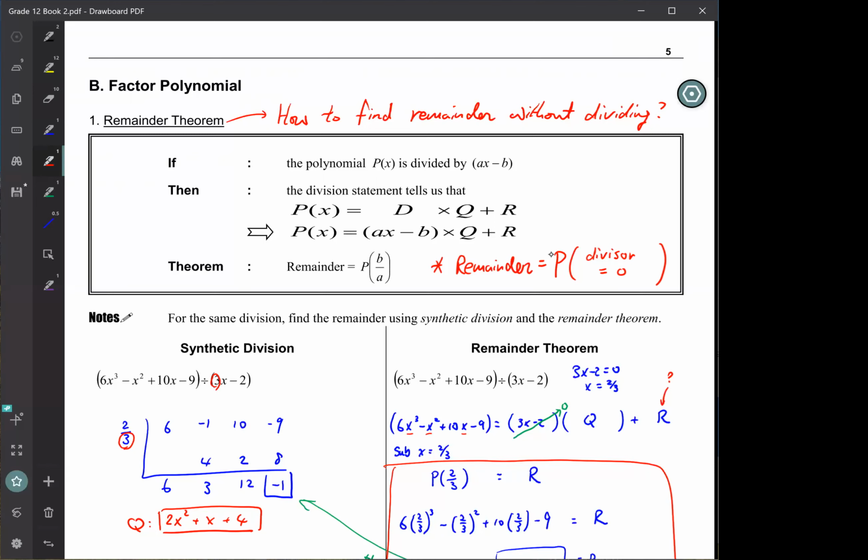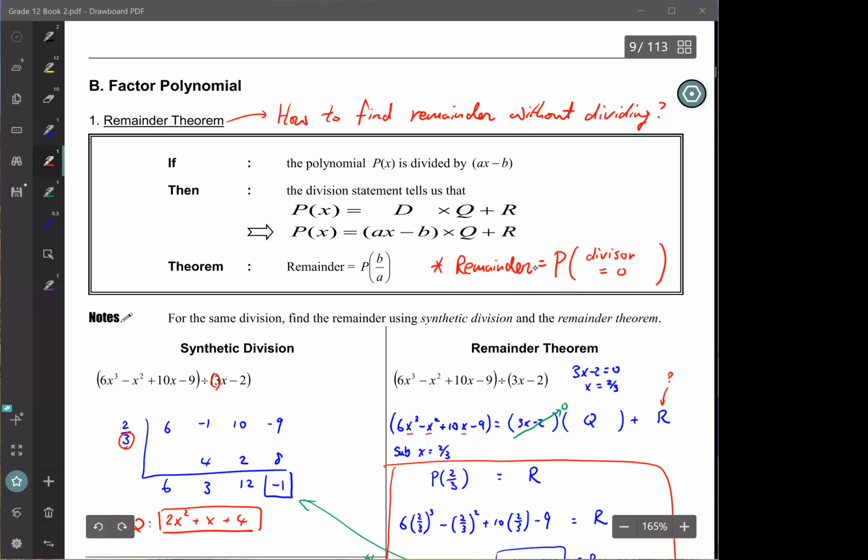All right, so can everyone turn on your mic? Let's say this 3 times, okay? Everybody, please turn on your mic. Samantha, you ready? Okay, so let's say it together. Remainder equals P of divisor equals 0.